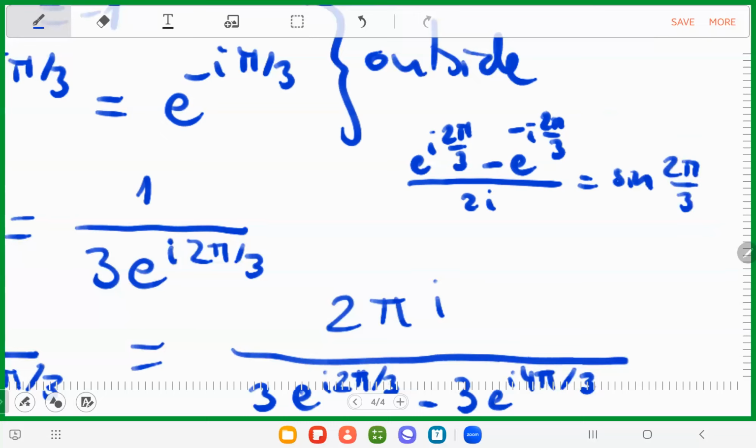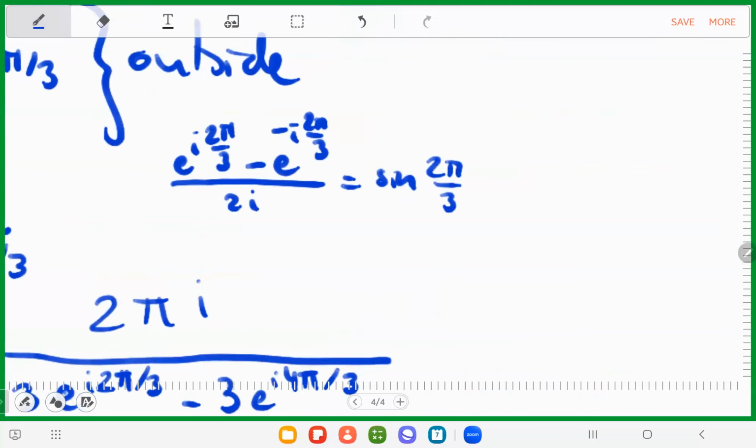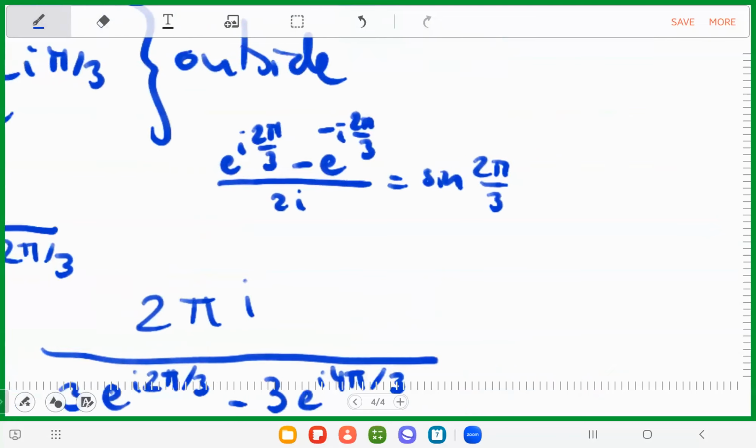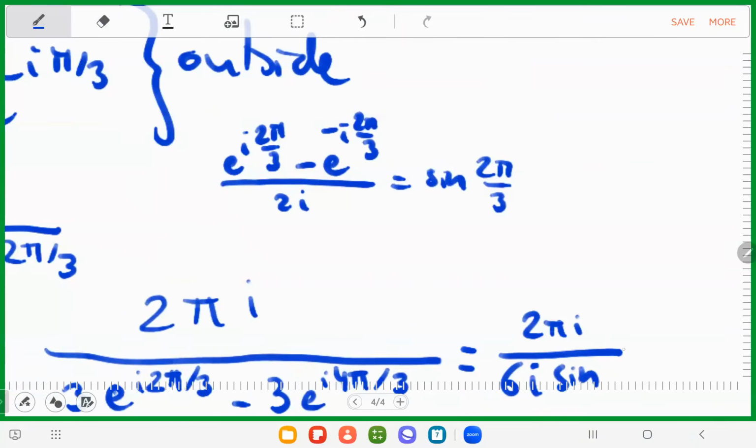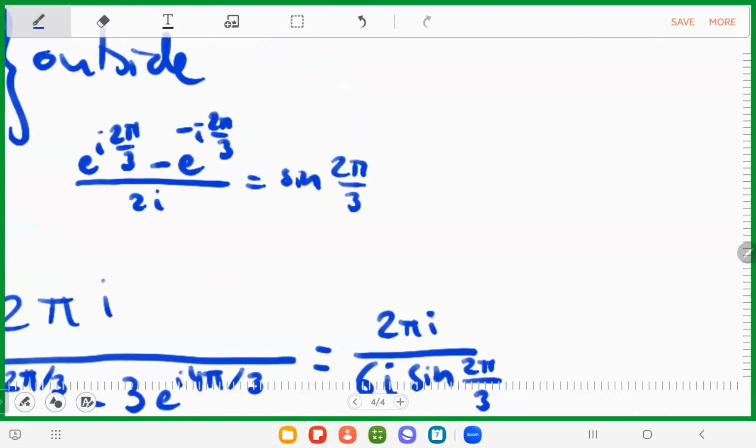Right, so this is how we simplify this expression. We will have 2 pi i divided by 6 times i, the sine of 2 pi over 3. And the i cancels the i. So at the end, we get a real number.